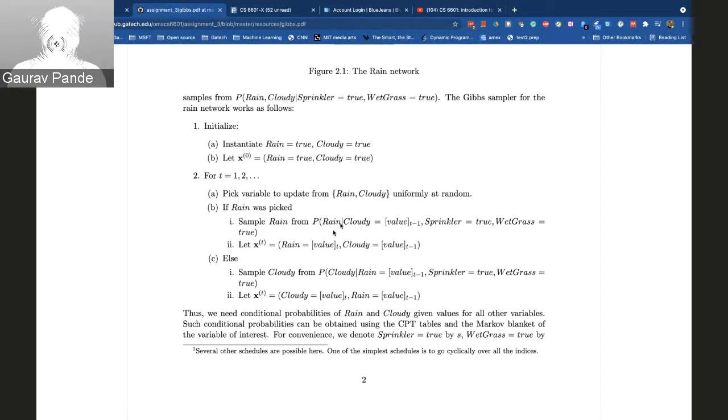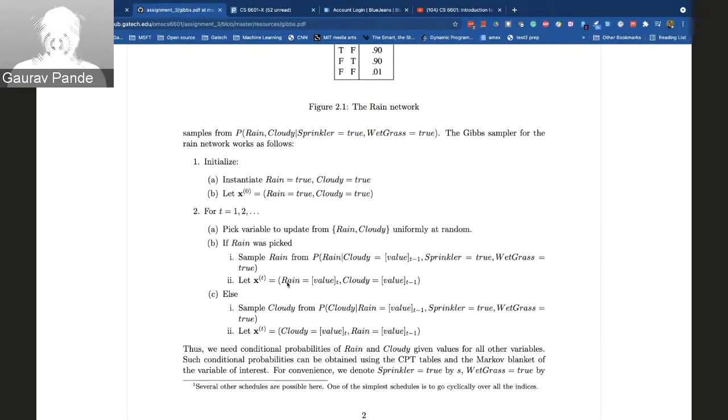If you pick cloudy, vice versa, you will do the same for the cloudy, where you will try to calculate the conditional probability of cloudy given what was the value of rain at t minus 1 iteration, and the rest of the evidence variable is given to you. And you will repeat it until you reach a stage of convergence where the probability that you're calculating doesn't differ much.